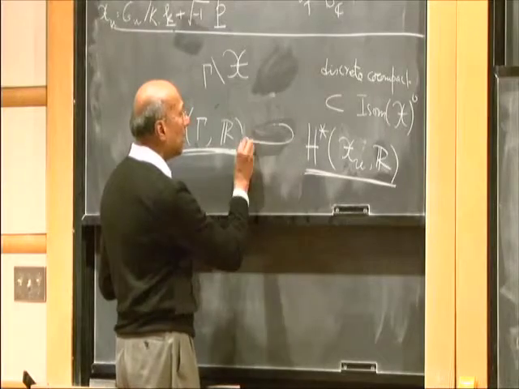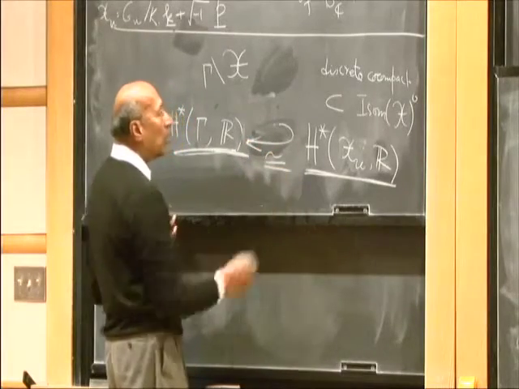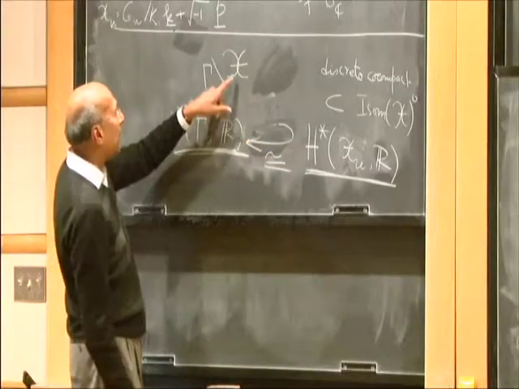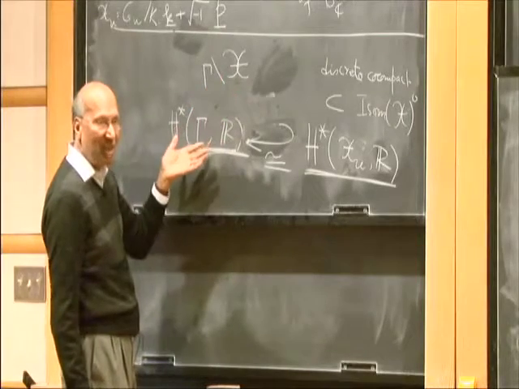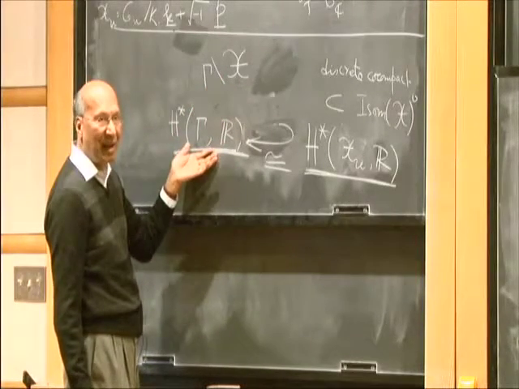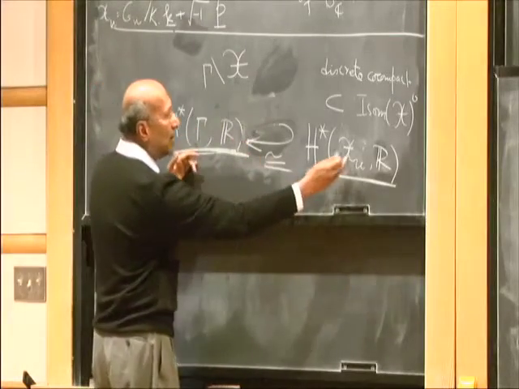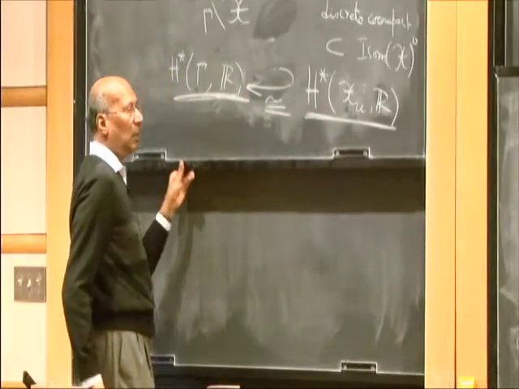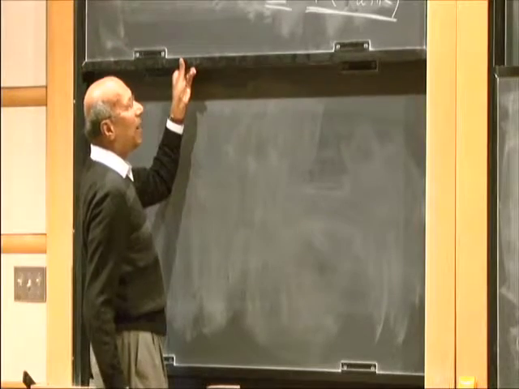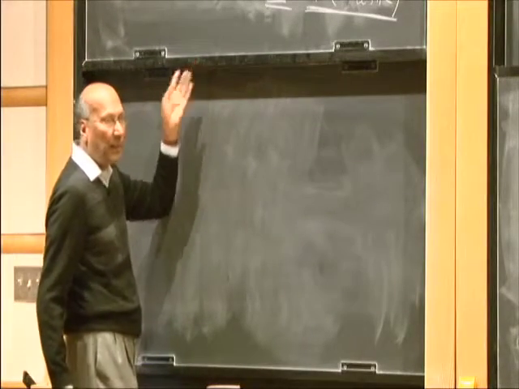So if our X was Hermitian, then I will call this situation a fake Hermitian, a fake compact Hermitian thing. So it's cohomologically compact dual, but really not.